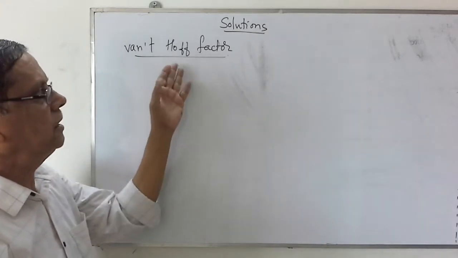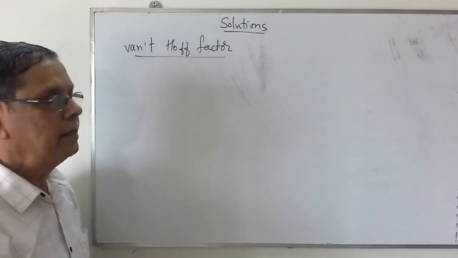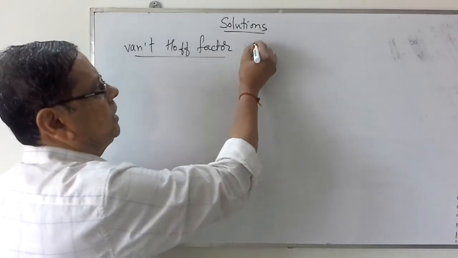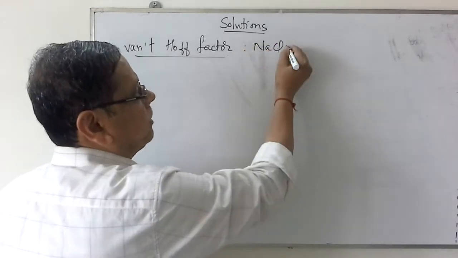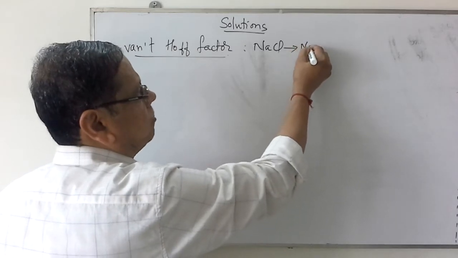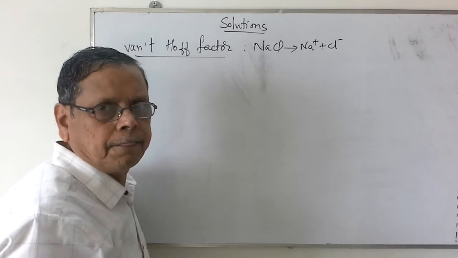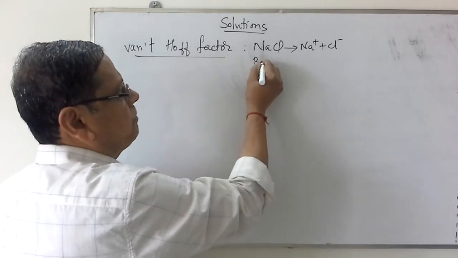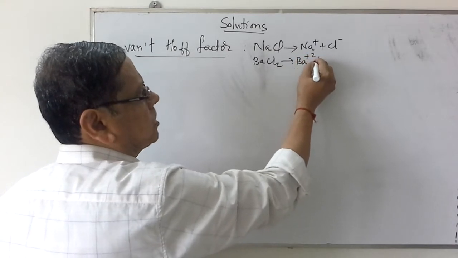Now if you consider a solute which undergoes either dissociation or association, say for example, a solute like sodium chloride, we know that when it is dissolved in aqueous solution, it will undergo dissociation to give rise to Na+ and Cl-. Similarly, barium chloride dissociates to give Ba2+ and 2 Cl-.